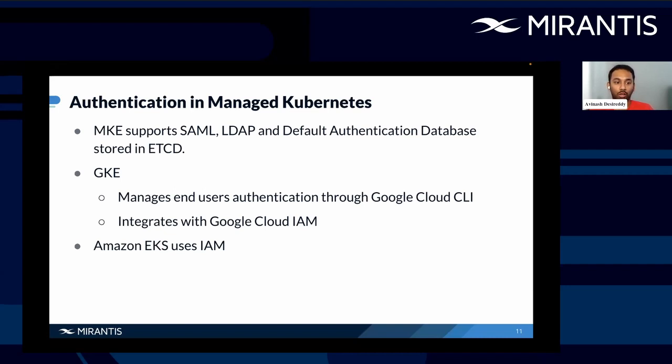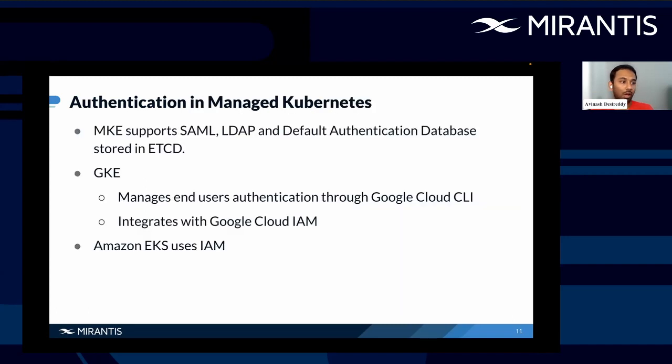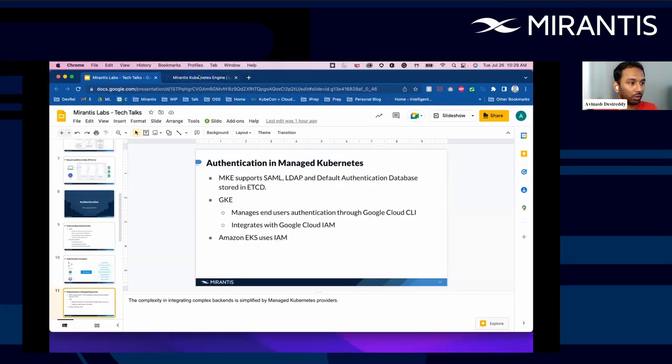What we have talked about is granting user access, and how Kubernetes integrates with Azure AD falls under OpenID Connect tokens, where we have to do some configuration in the API server to support the external system configurations. For example, I can show in MKE, which is Mirantis Kubernetes Engine, how it is done. So let me quickly show here.